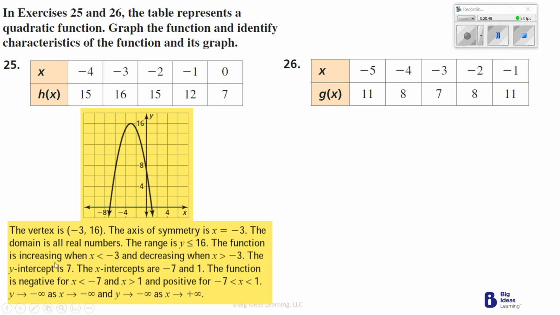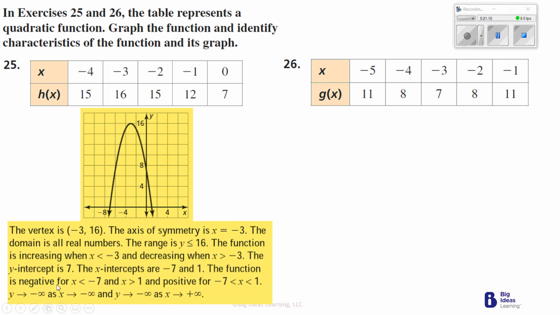The function is increasing when x is less than -3. When it's greater than -3, it's decreasing, right? Going down. And the y-intercept is 7. The x-intercepts will be -7 and 1, just like I said.